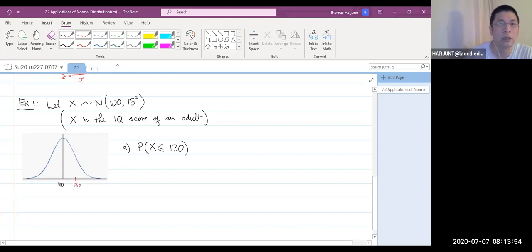Therefore I need to find the area under the curve to the left of 130. I need to look for the yellow one. I know the cutoff, then I need to find the area under the curve, which represents the probability.